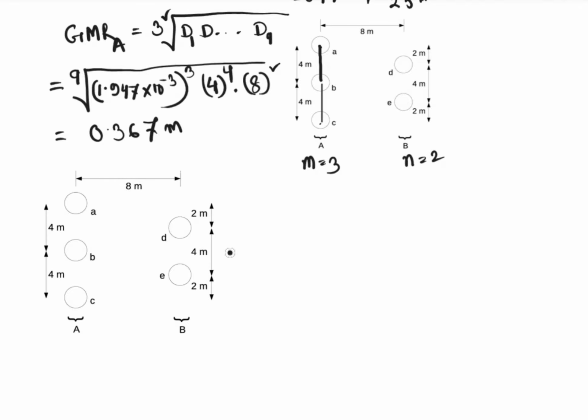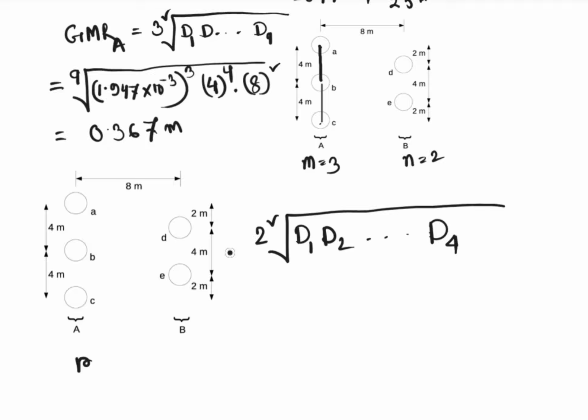Now for circuit B, of course 2 square, because 2 cables, 2 square, and here will be 4 different distances. So D1, D2, dot dot D4 distances. There are 2 conductors. So for these 2 conductors, the individual distance is e to the power minus 1 by 4 times the radius.